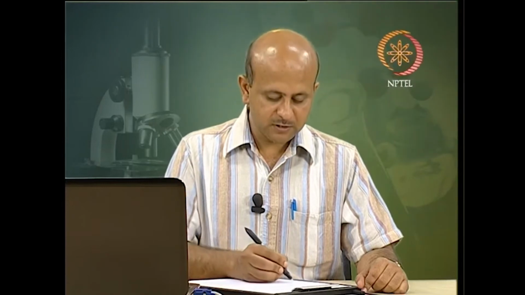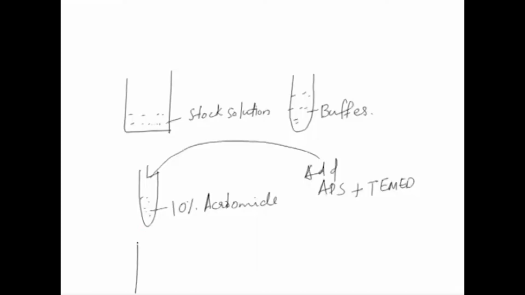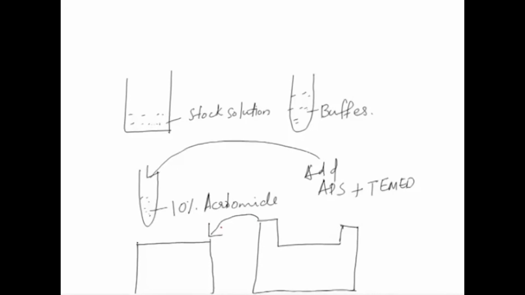These casting apparatus, if it is slab gel electrophoresis, then there will be two plates, one something like this, another something like this. All right. So, this plate will be put on top of this plate with spacers here. Spacers are very thin strips which are rubber or some other material.